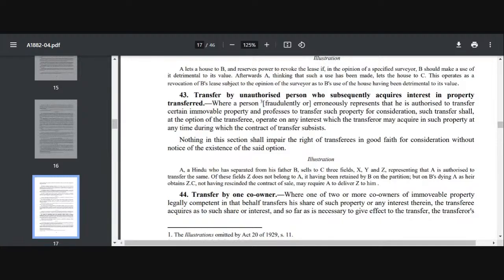Now section 43 talks about estoppel by deed. So if you make a promise, you cannot deny it later after acquiring that property. This is what section 43 says.